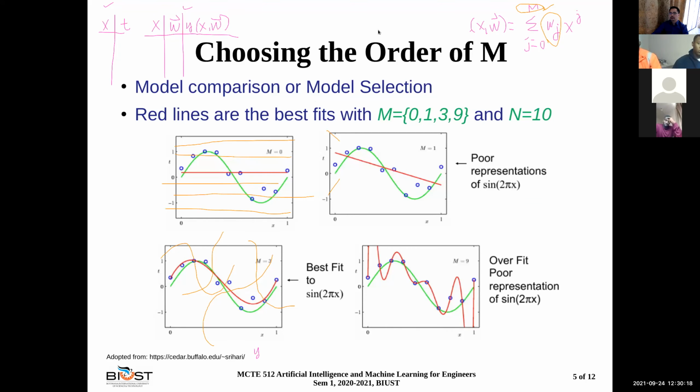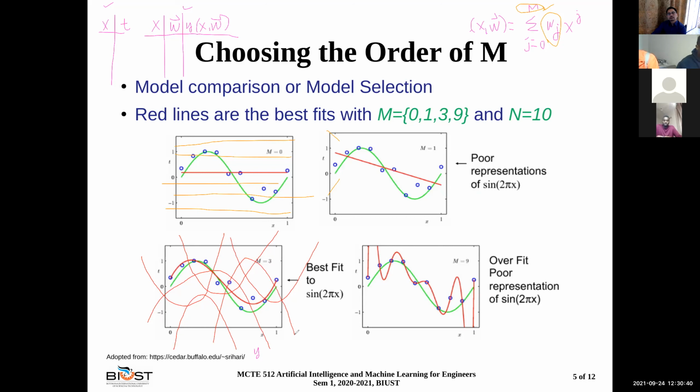For example, if M equals 2, we fit some quadratic function like that. Which one is the best quadratic function? Like that, or like this, or like that?